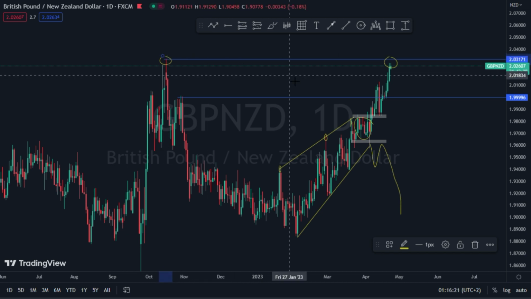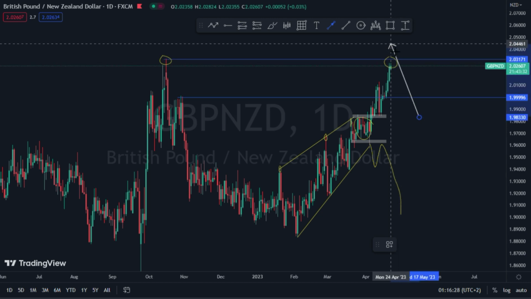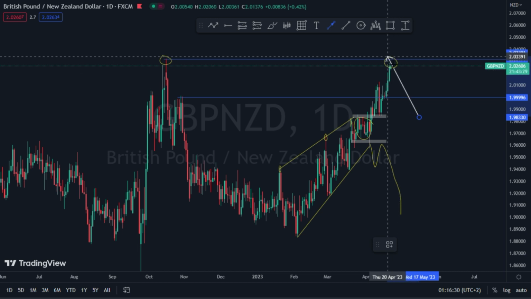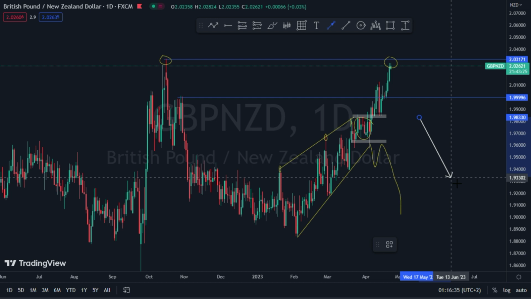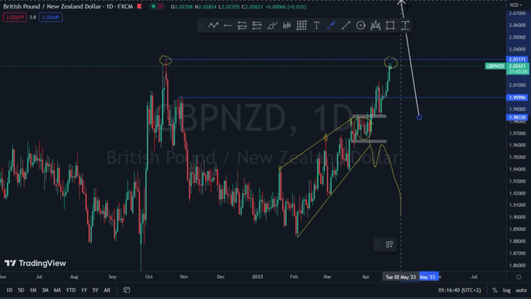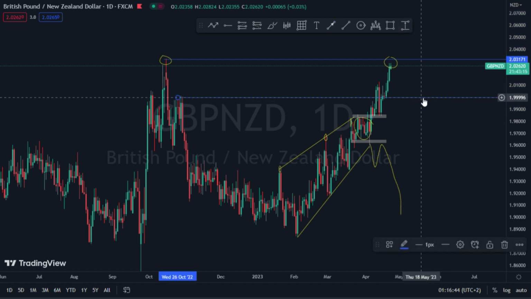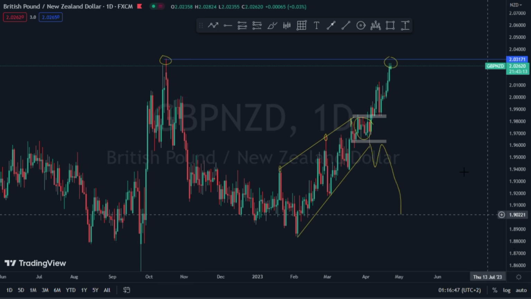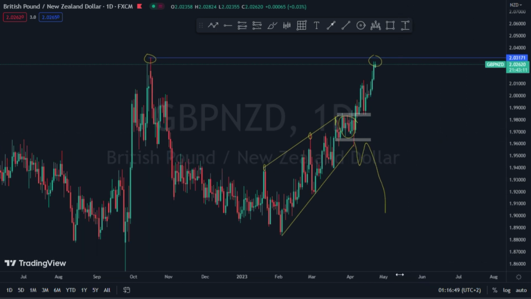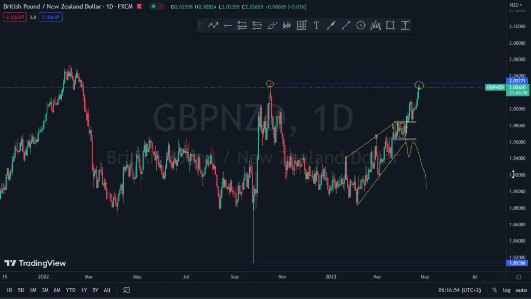So right now it's just a matter of waiting to see what's going to happen around these areas. Is the market going to give us a reversal pattern on these areas to continue moving lower, or is the market just going to break above and continue moving higher? It's just a matter of waiting for the market to do what it has to do. But I'm not going to be focusing too much on this currency pair.